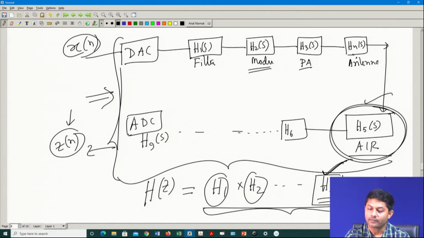The power amplifier has different characteristics when you change your frequency band. Antenna too. So, except probably the DAC and ADC, each and every component will show a different behavior when I change my RF.